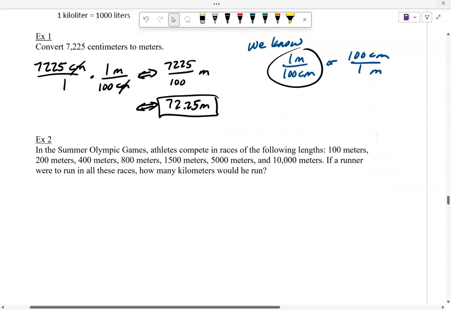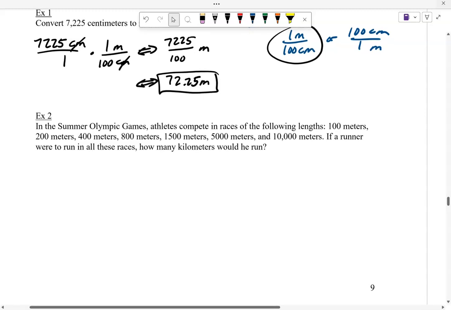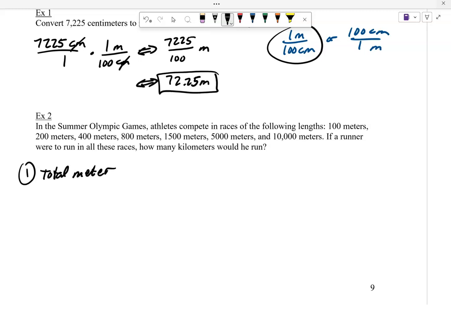Let's do another one here. In the Summer Olympic Games, athletes compete in the 100-meter dash or the 200-meter dash. Here are all those races. If a runner ran all of them, crazy enough, right? How many kilometers would it be? Well, let's find out how many total meters it is first, since these are all in meters.